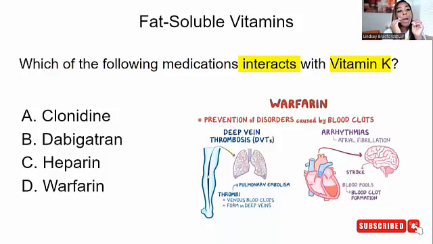Okay. It says, which of the following medications interact? So that means that if I'm using vitamin K, which of the medications listed under A, B, C, and D should I not be using?